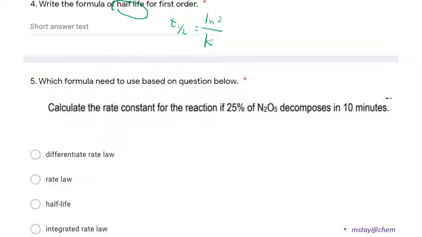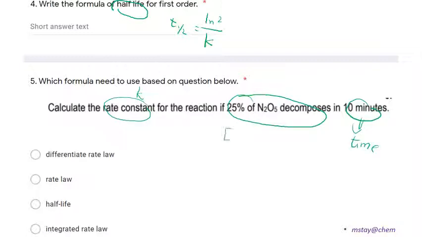Okay, question number 5. Which formula is used to answer this question? We need to calculate the rate constant, so we need to determine k. The question lets us know 25% of the N2O5 is decomposed in 10 minutes, so you are given the time. And from here you will have the idea: the concentration at the time given will be 75%.